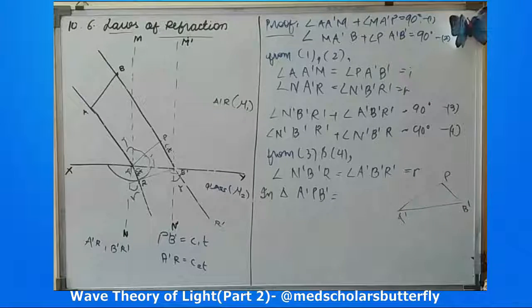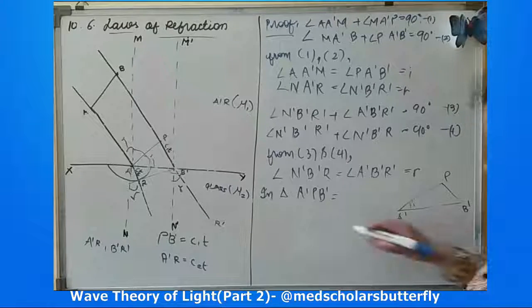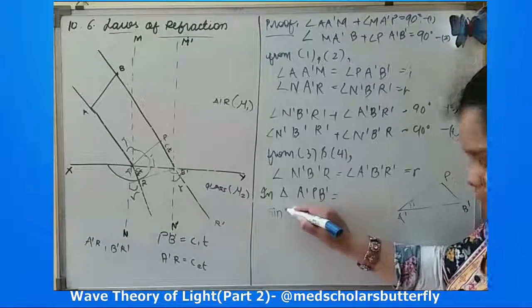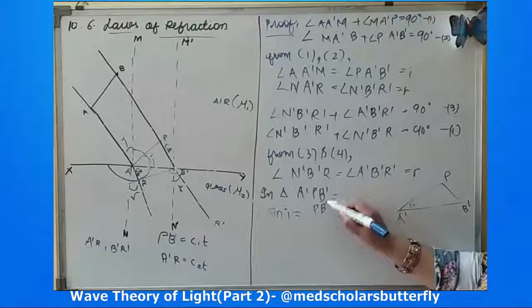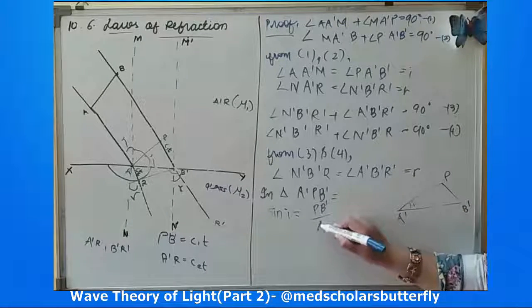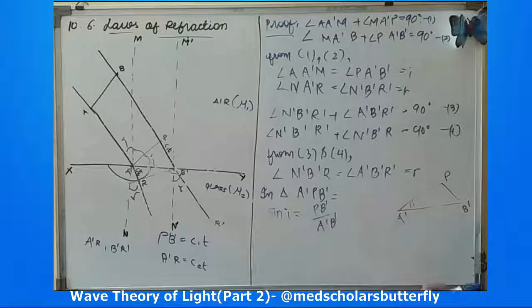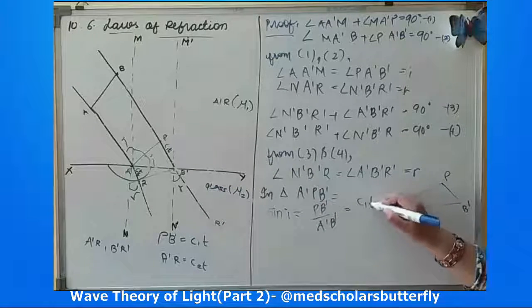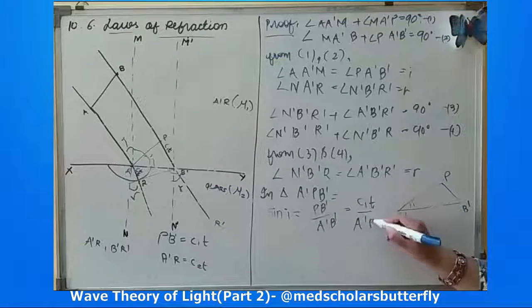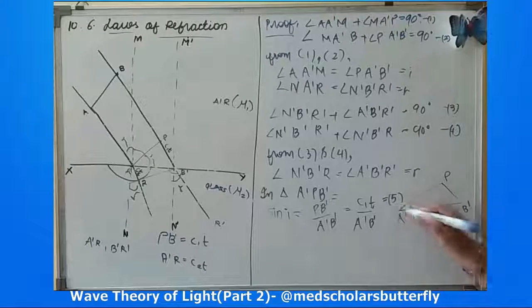We have here the angle, it is nothing but I. So sin I would be, you know, opposite upon hypotenuse. What is opposite? P B dash. And what is hypotenuse? A dash B dash. What is P B dash? It is C1T. This is A dash B dash. Let us take it as equation number 5.